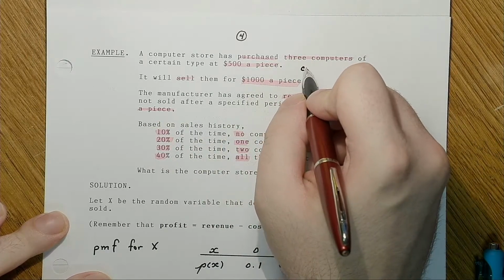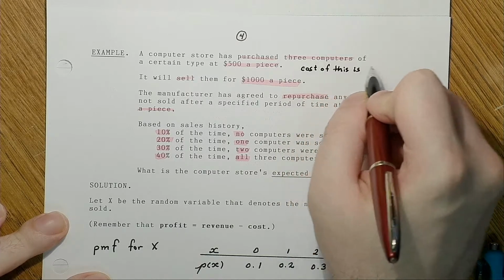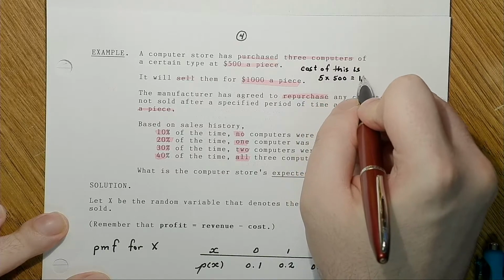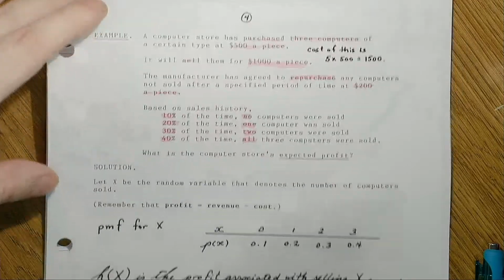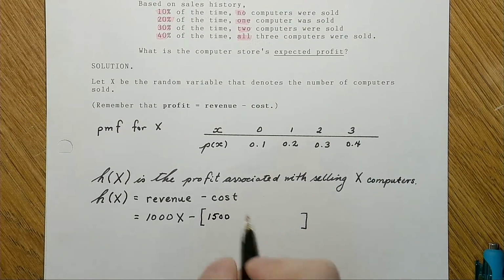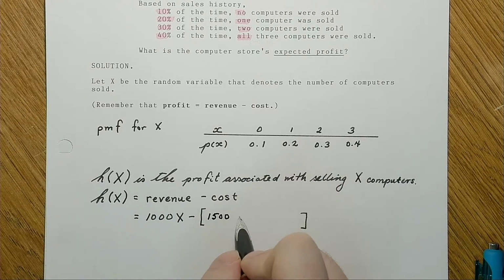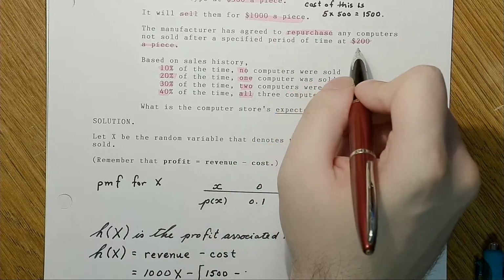Well, the cost then, that's 3 times 500. That's $1,500. So that's $1,500, and it does not depend on X, because that's fixed. What they do have though is a buyback program. So they'll have that $1,500, but they will get back some of that cost. So that's $200.